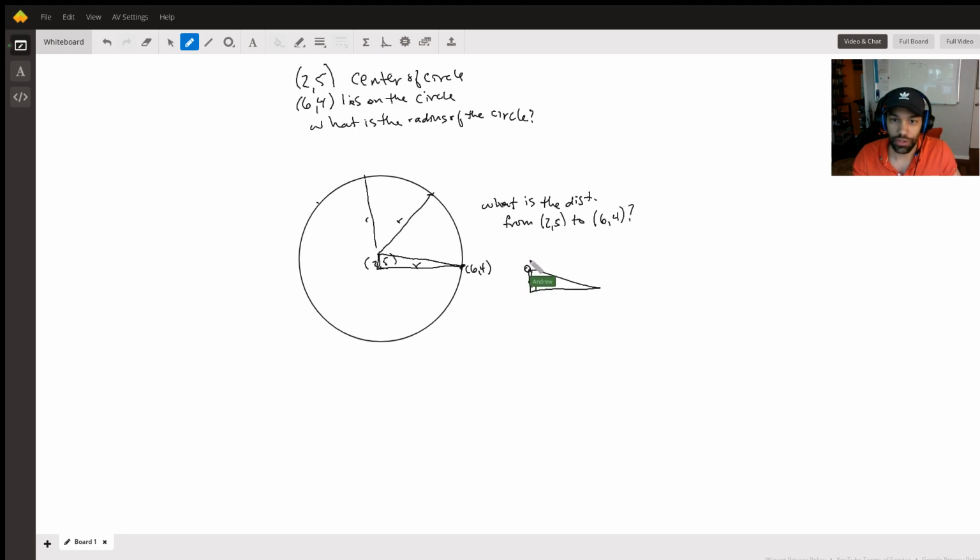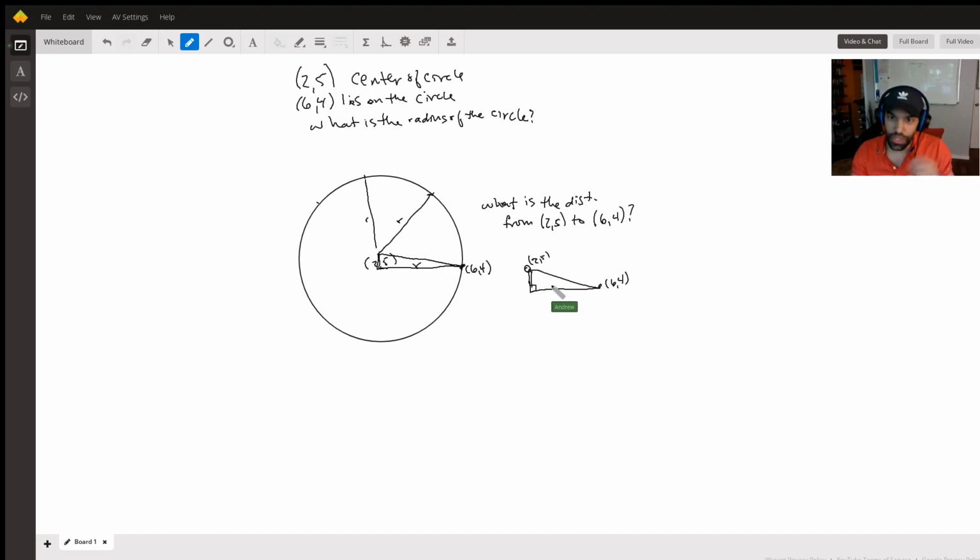There's that point 2, 5, which we said was the center of the circle, and then this is the point 6 comma 4. Of course, you may know different methods of finding the distance between 2 points, which you can think about separate from the circle, like on a Cartesian plane. But with circles, triangles just fit really nicely, so I'm going to use this as a method to go forward.